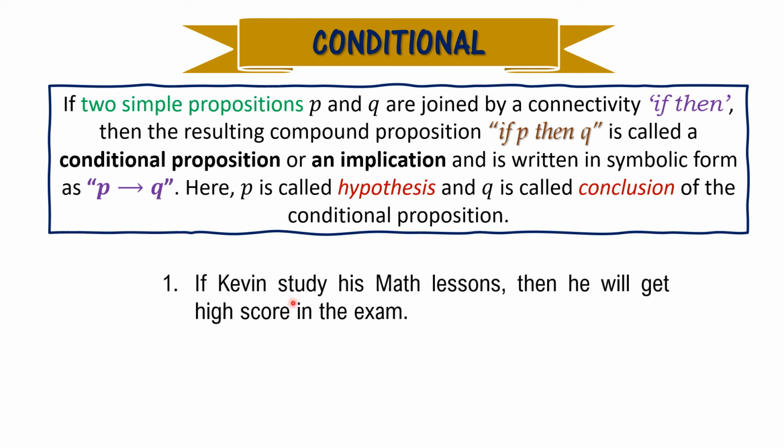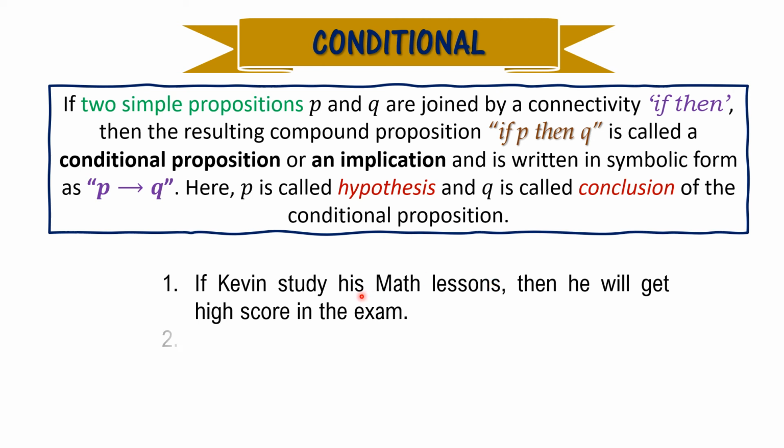Number one, if Kevin studies math lessons, then he will get a high score in the exam. So first statement, Kevin studies math lessons. This is the hypothesis. Then the conclusion, he will get a high score in the exam. Why do we have this conclusion? Since our hypothesis is that Kevin studies his math lesson.